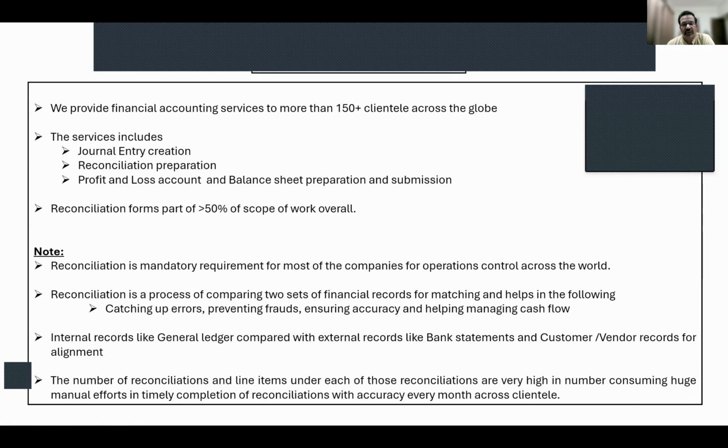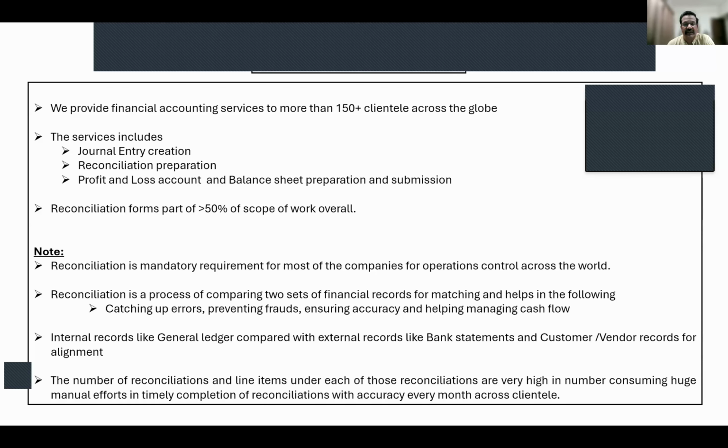The majority of the work, I would say 50% of the scope, is on reconciliation, which is the major part of our work. And what do you mean by reconciliation? Reconciliation is comparing two sets of records to ensure everything that is to be processed has been processed. Is there any errors?